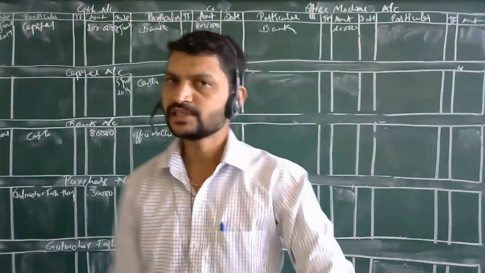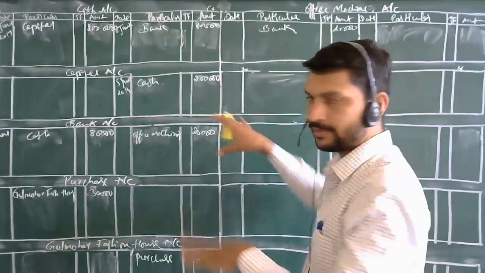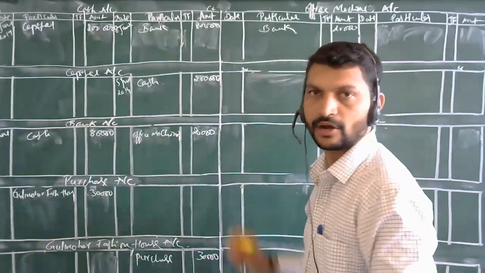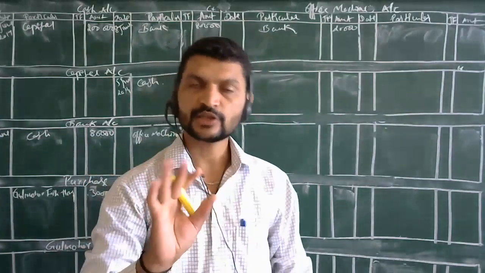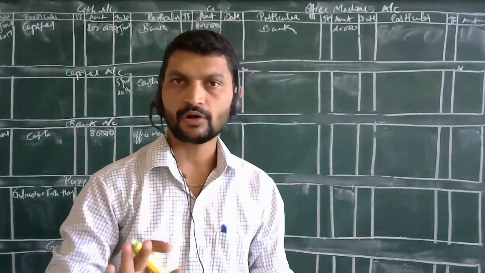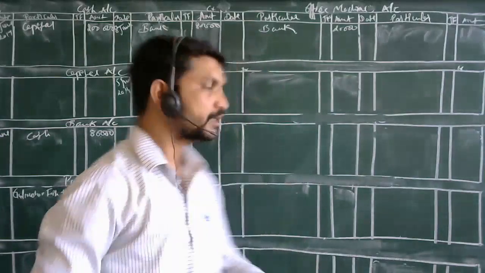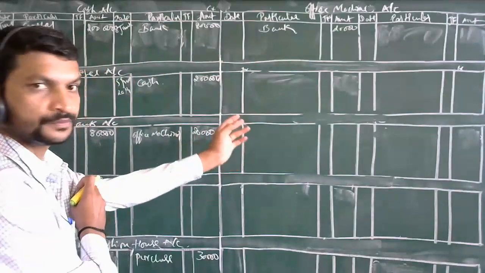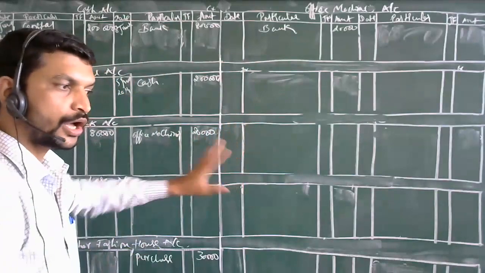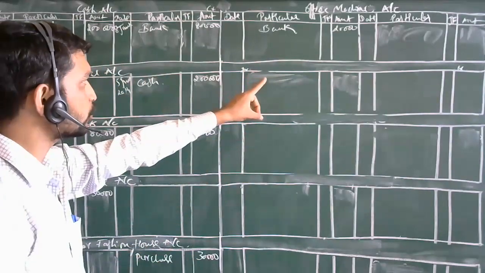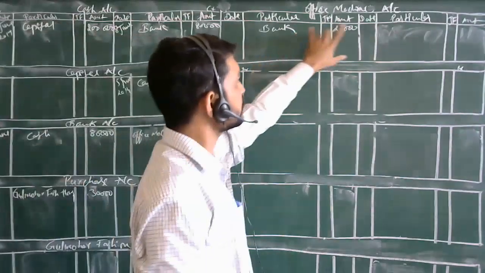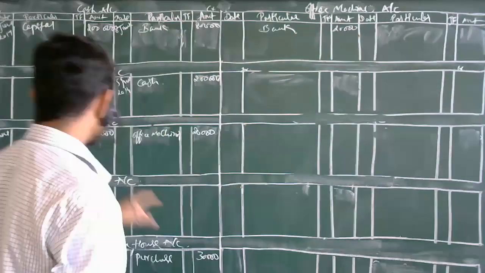See, whatever I am solving now, I am directly taking to the ledger accounts. I am telling you all to pass the journal entries. We have learned how to pass journal entries, and the same journal entries I am trying to post here, to help you understand how to post them. The transaction that took place here: office furniture account debit to bank account.